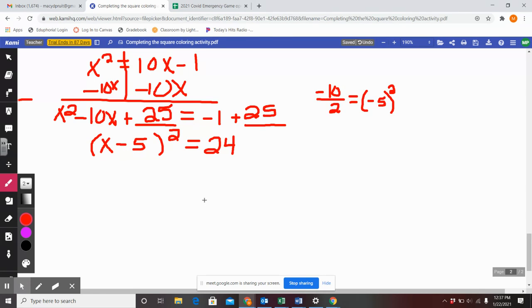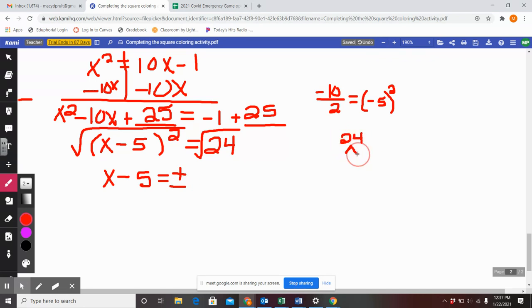Okay, here's where we square root, and we write our plus or minus. When I square root, it gets rid of that little 2. It just leaves you with what you have in the parentheses.